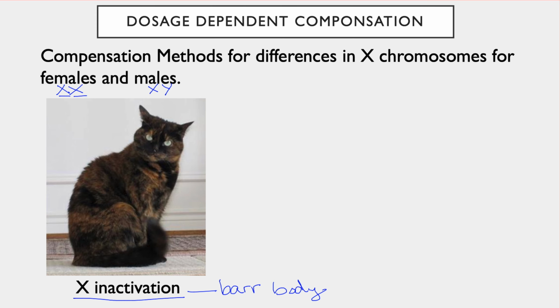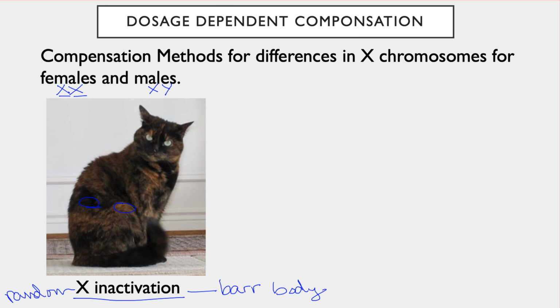Now, X inactivation is completely random. So in some cells, we're going to turn off the chromosome that has the orangey color, and those cells are going to have the color black. In other cells, we're going to turn off the chromosome that has the black coat color, and so we're going to be more orangey or red.